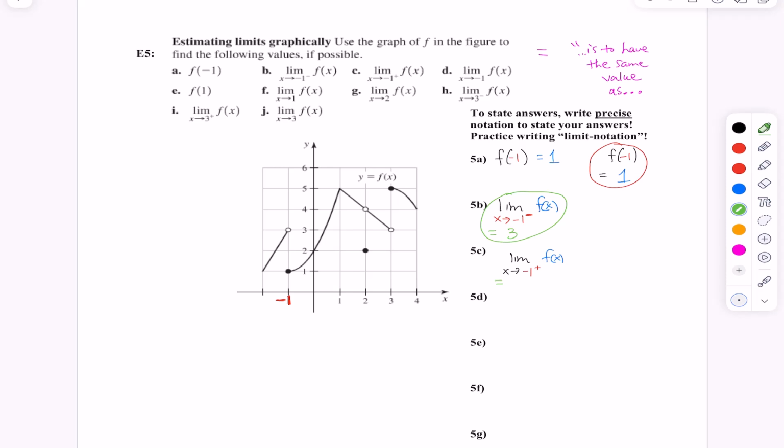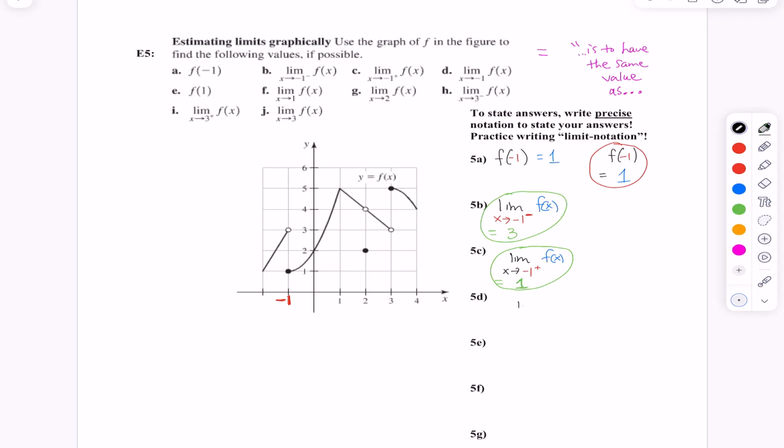So we'll write that. That is to have the same value as +1. Make sure you rewrite the expression. I'm looking for limit notation. Make sure you're able to write the limit notation and the subscript of x. Remember, x arrow a is usually a subscript.